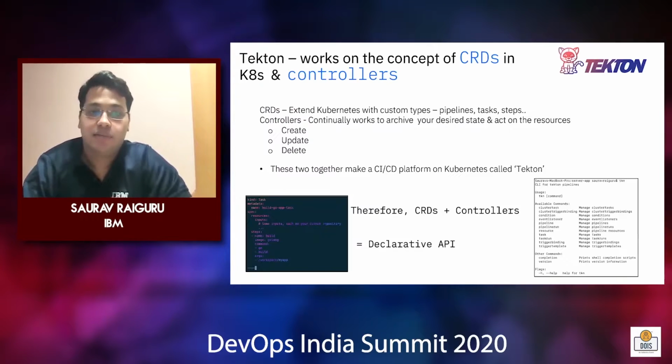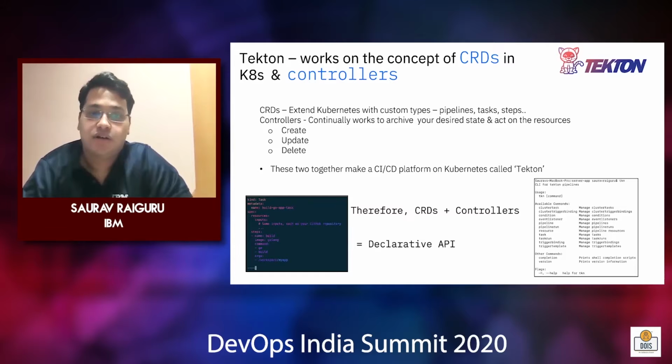To dig a little deeper into Tekton, it stands on two particular concepts of Kubernetes. The first is custom resource definitions, which are leveraged to create custom resources called pipelines, tasks, and steps. These are the three guiding components of the Tekton platform.